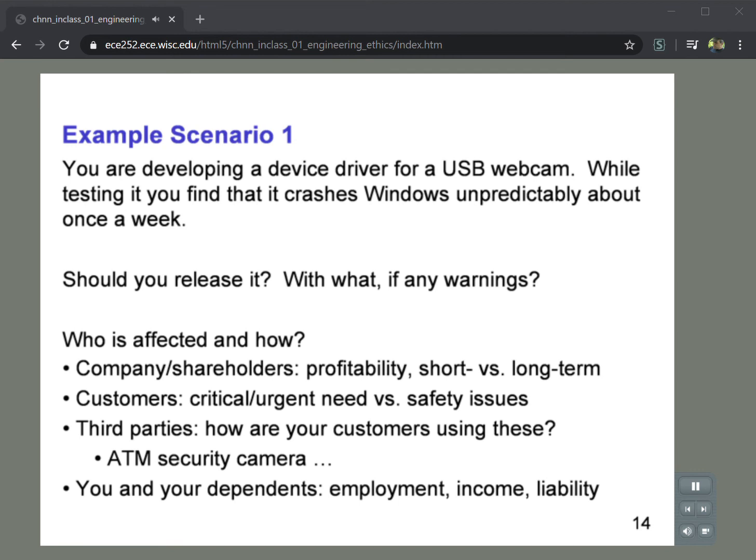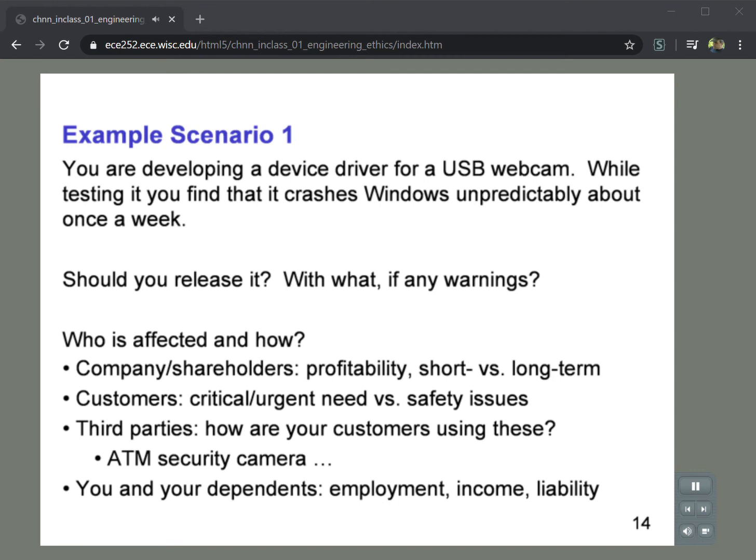Finally, of course, you and your dependents are always involved because not getting this product out in a timely way might affect your employment, your income. If you actually ship a defective product, there could even be legal liability issues that might come back to hurt you and your family later on down the road.